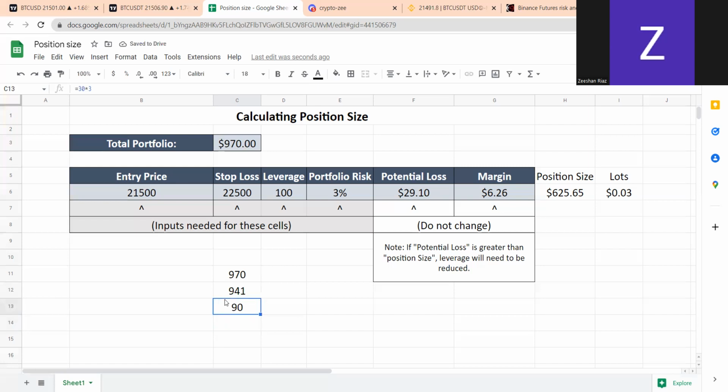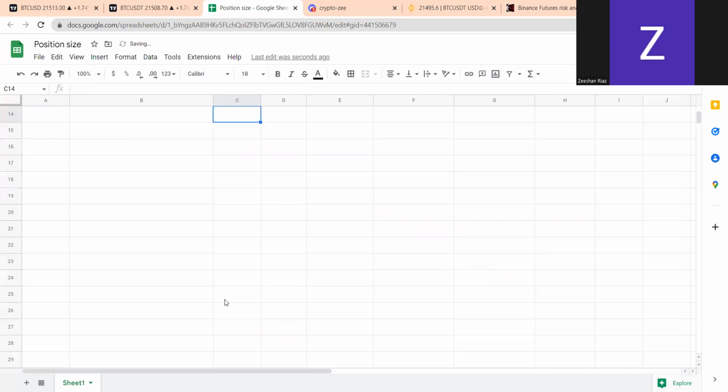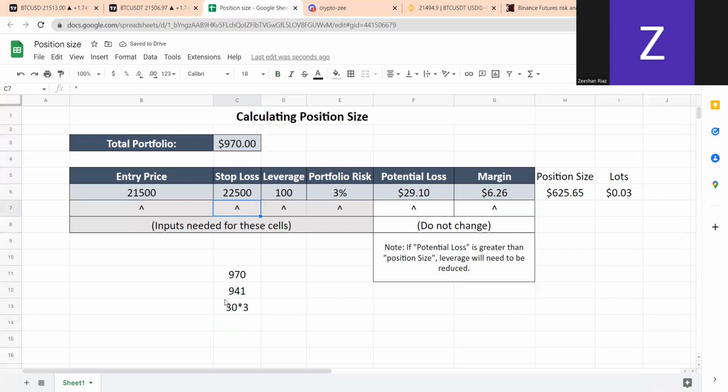Now you add 90 to 941. So 941 plus 90 which you made, you're above your portfolio size again after losing 2 consecutive trades. That's why we say that risk management and position sizing is important.